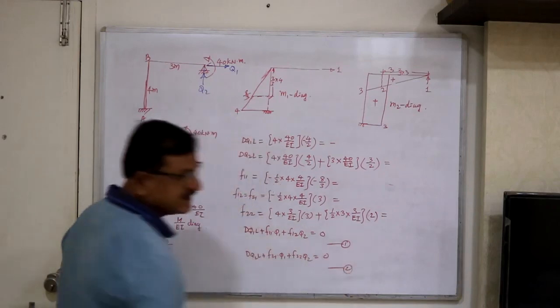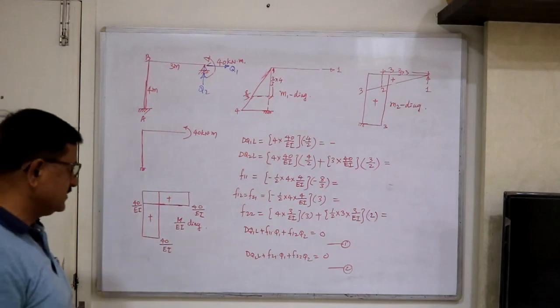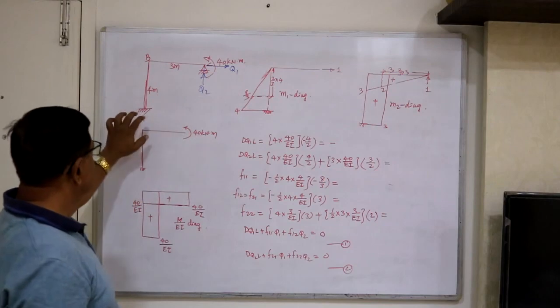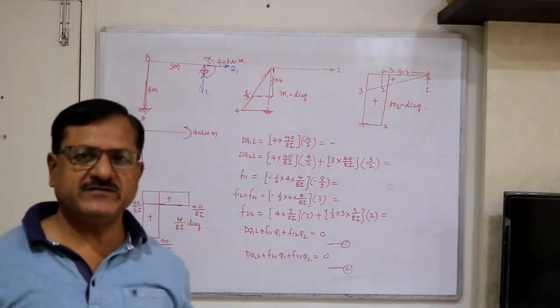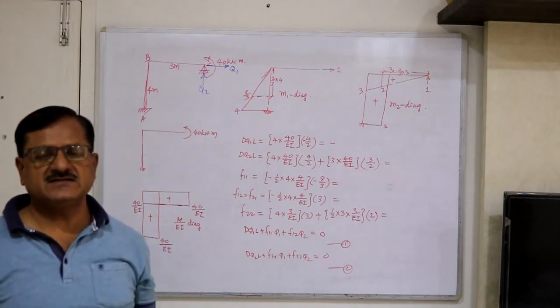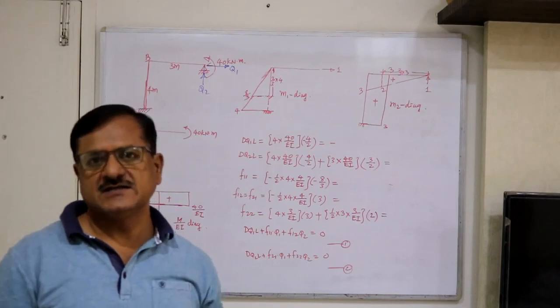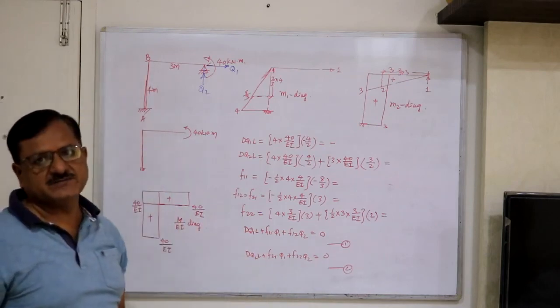You will get the first equation. Then delta Q2L plus F21 Q1 plus F22 Q2 is equal to 0. You will get the second equation. Solving 1 and 2, you find out Q1 and Q2. After getting Q1 and Q2, the reaction at A and moment at B can be calculated using equilibrium conditions, and then you construct the final bending moment diagram for the given frame.